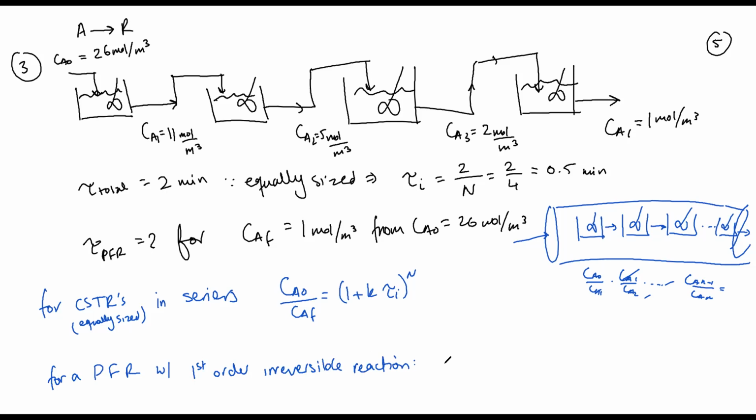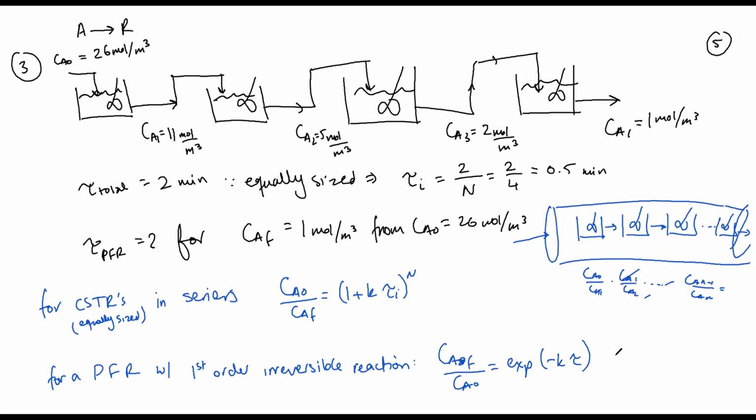For a PFR, it's reversed: CA final over CA0 is equal to exponential of minus K tau. This equation is valid for a first order PFR. You can double check if you want.